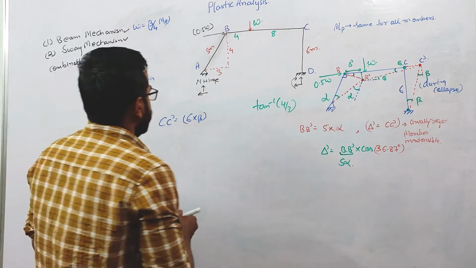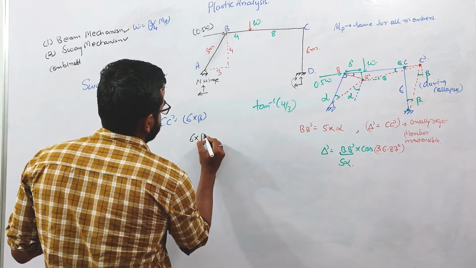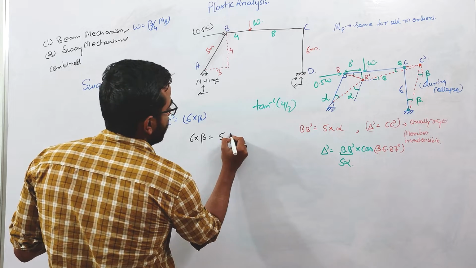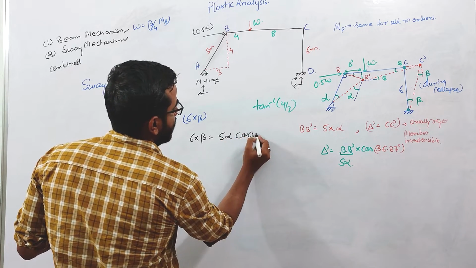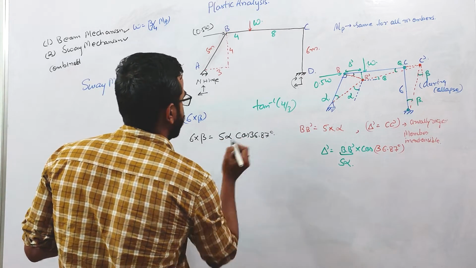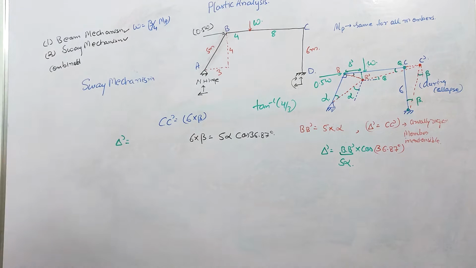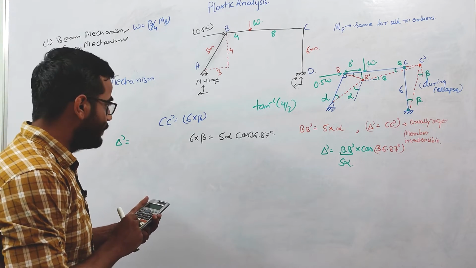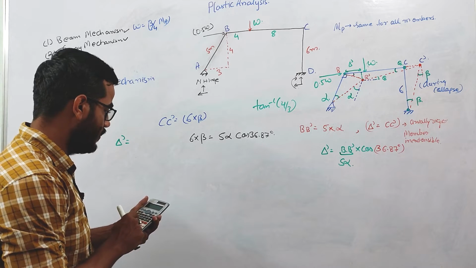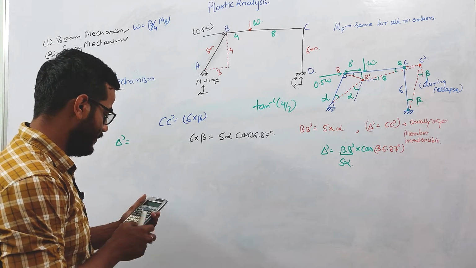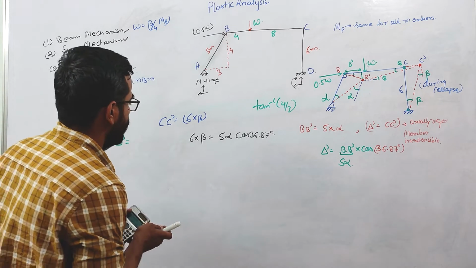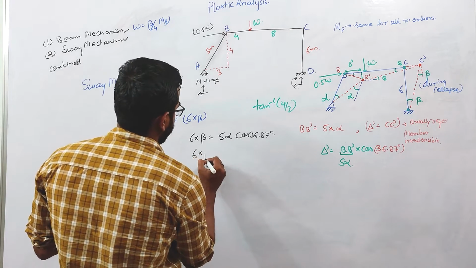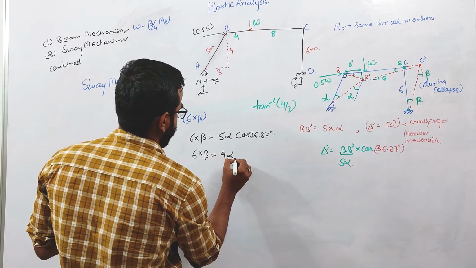So 6 into beta should be equal to 5 alpha into cos 36.87 degree. If you find the relation between alpha and beta from here, it will be 5 into cos 36.87, which is 4, so 6 beta equals 4 alpha.